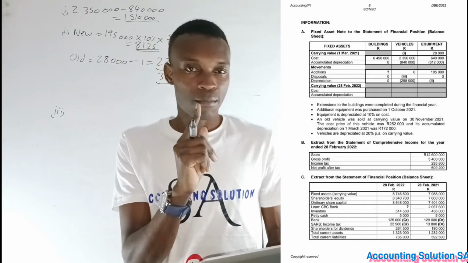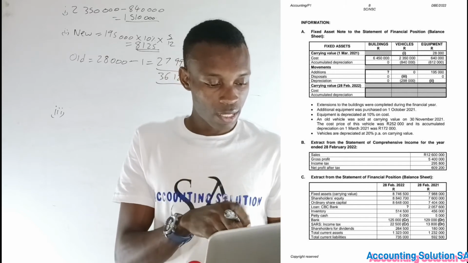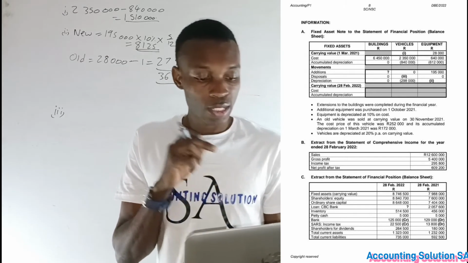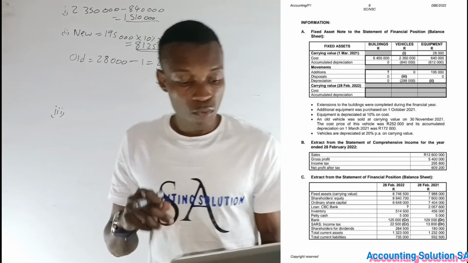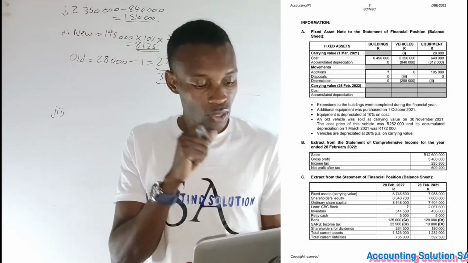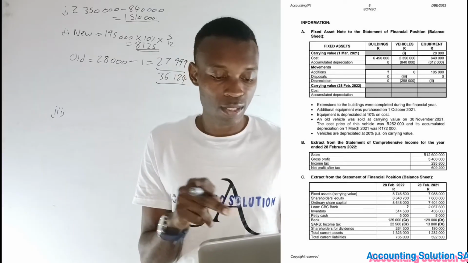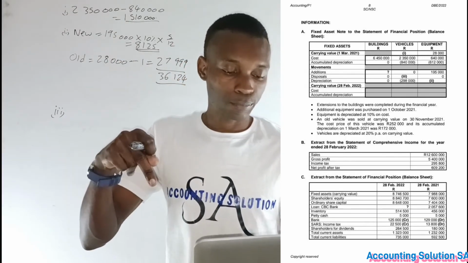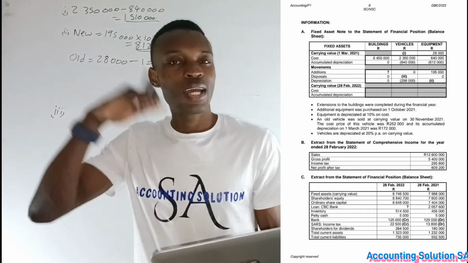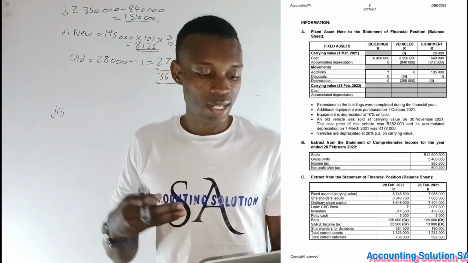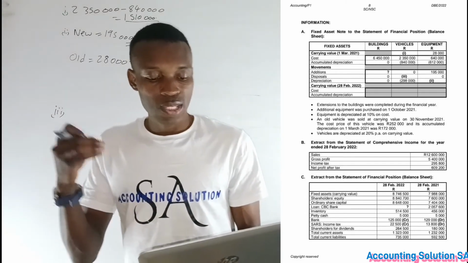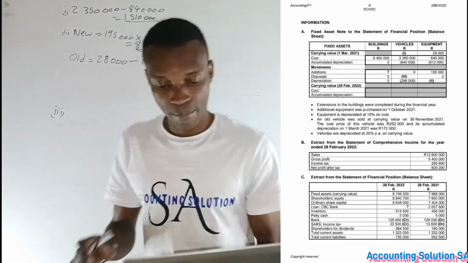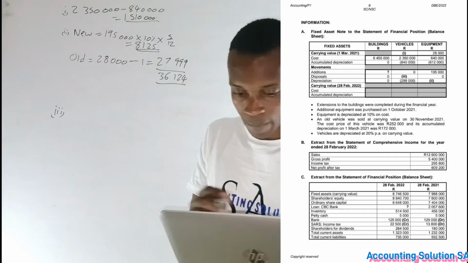The accumulated depreciation that they gave us is for 1 March, and we have to use accumulated depreciation of the same day that they sold the vehicle, which means that we have to add another depreciation so that we can get depreciation on 30 November 2021, not the one for 1 March. Okay, this is how we are going to do it.